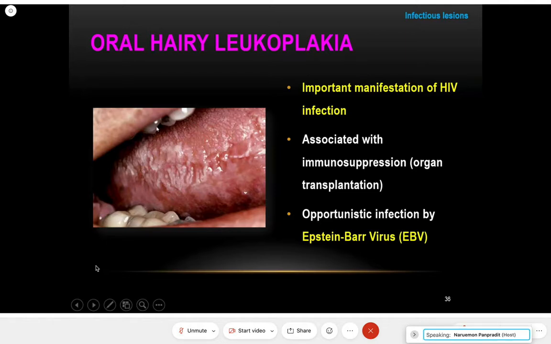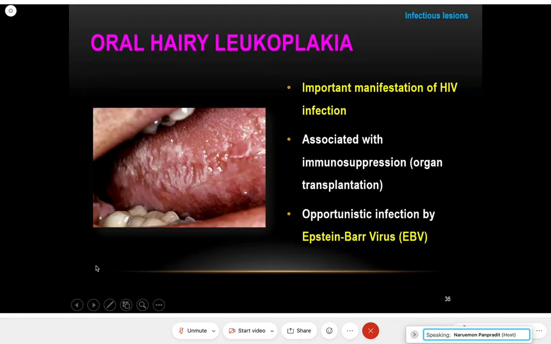It's in the group of infectious lesions. The infection is opportunistic by EBV, the Epstein-Barr virus, which means this patient is weak. That's why it shows this character, and most of these patients have HIV infection.